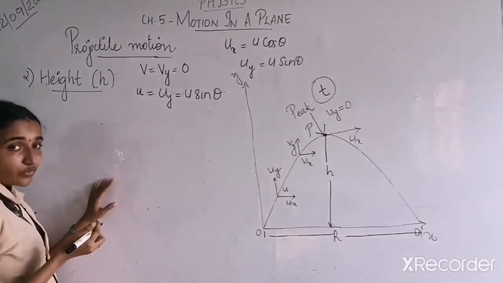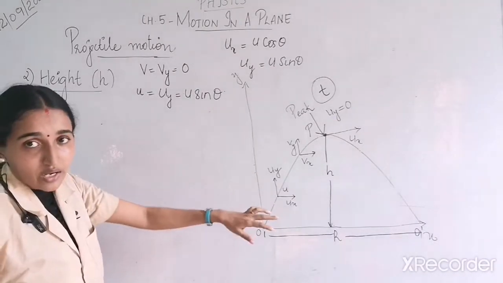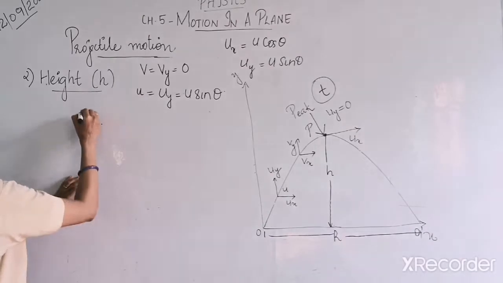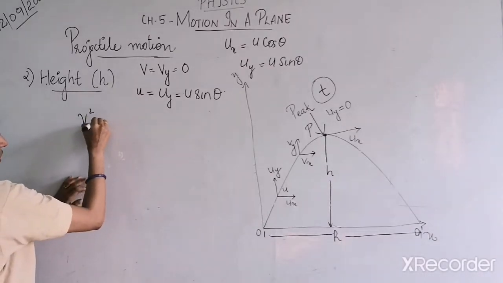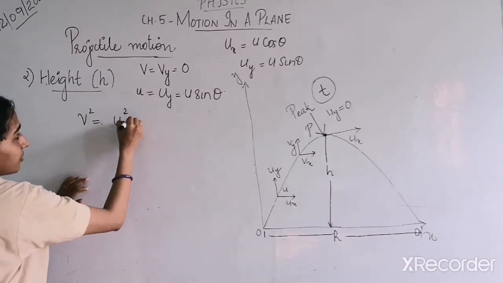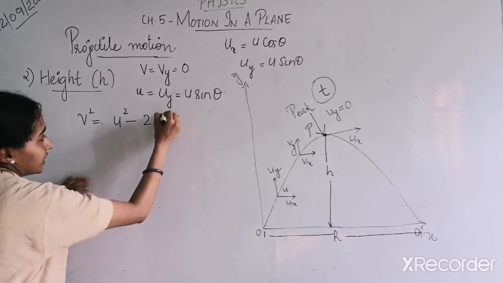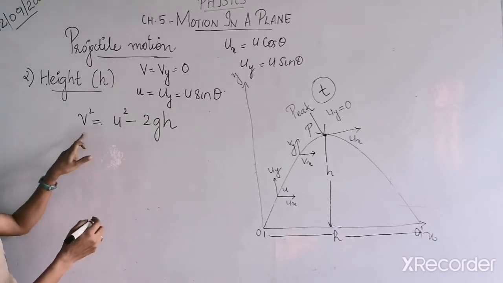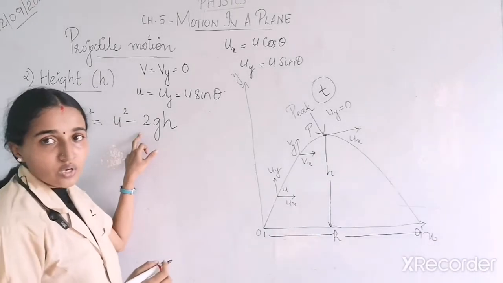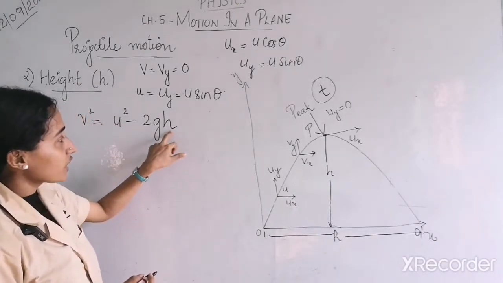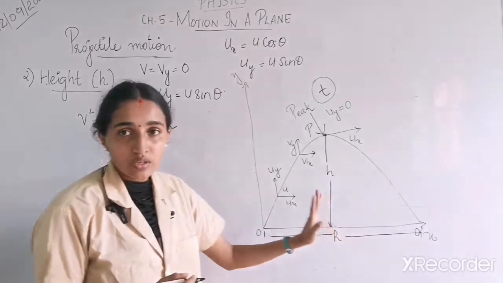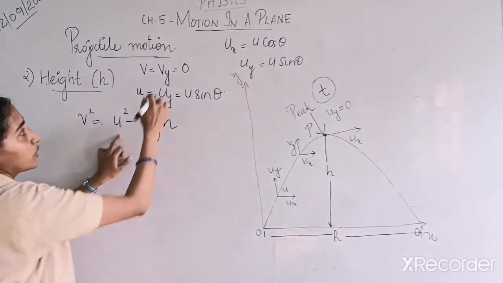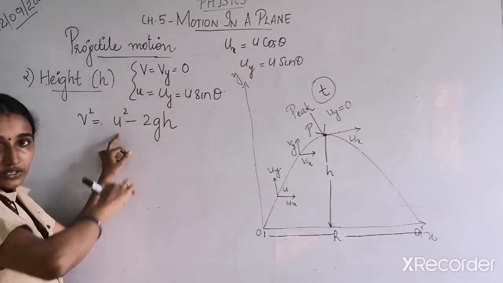For finding the height of a projectile, I am going to consider another equation of motion, that is v square is equal to u square minus 2gh. What is the original equation? v square is equal to u square minus 2gs. Here instead of s I have taken h. That is the only difference.